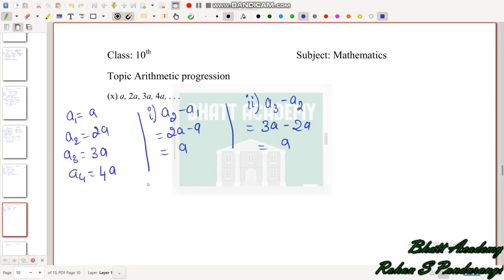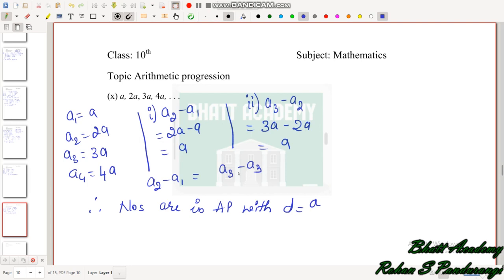So a2 minus a1 is equal to a3 minus a2. Therefore numbers are in AP with common difference to be a.